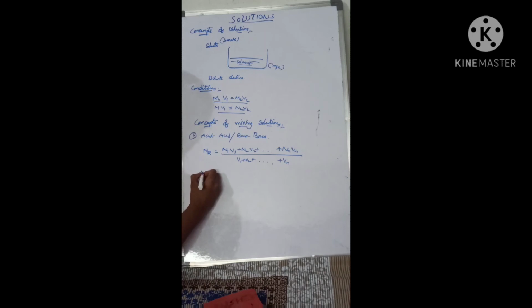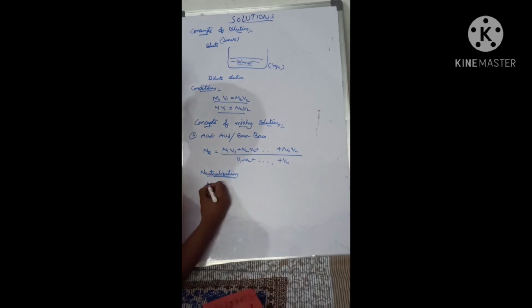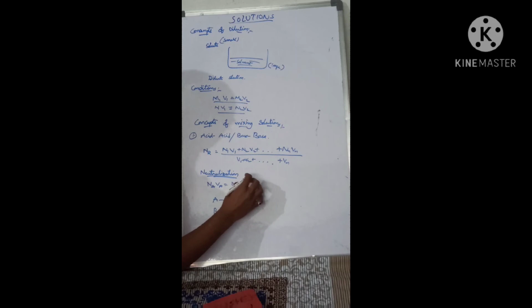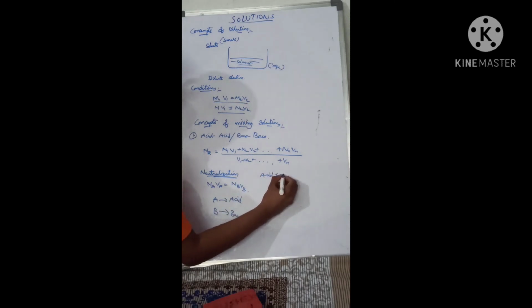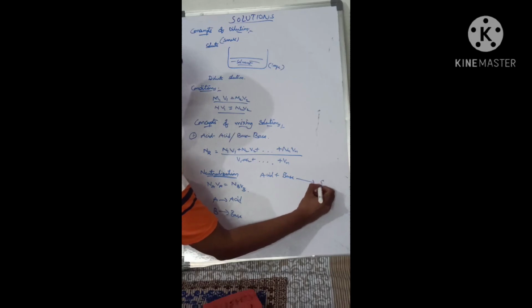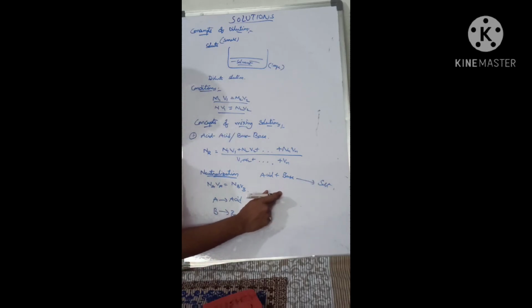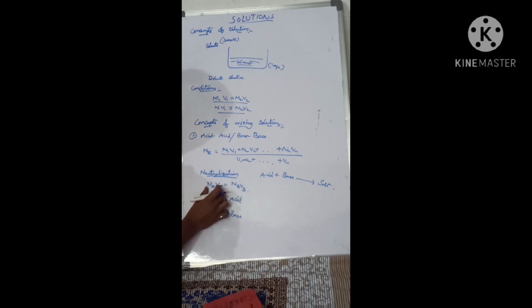If neutralization occurs in a mixture, then NaVa is equal to NbVb, where A is acid and B is base, because neutralization only occurs when an acid is mixed with a base and we get a salt as a result. This is known as neutralization. So the normality into volume of an acid is equal to the normality into volume of a base.